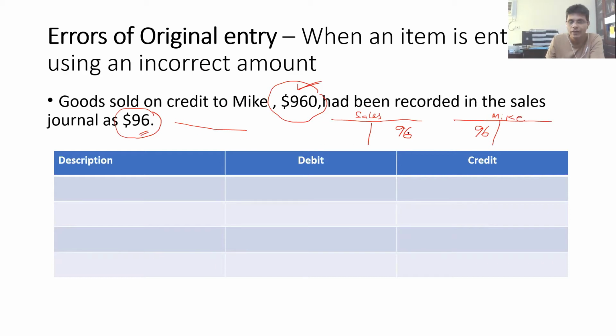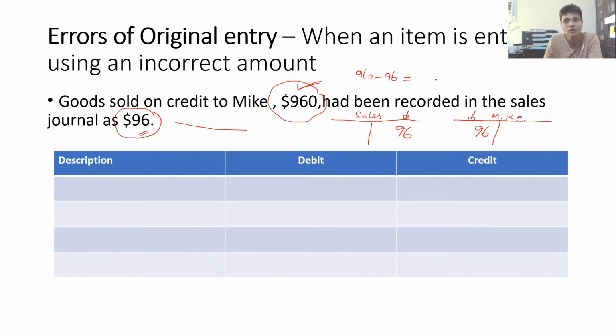So he has recorded a lesser amount as sales and also a lesser amount to the debtor's account, Mike's account. So by how much has he recorded this amount? What is the difference?